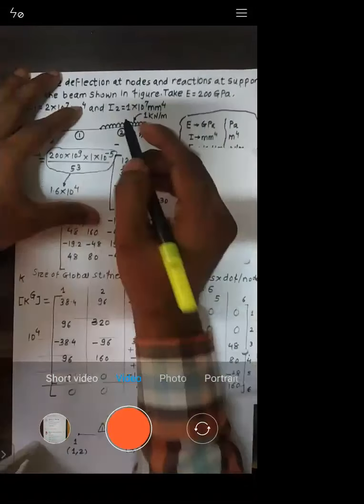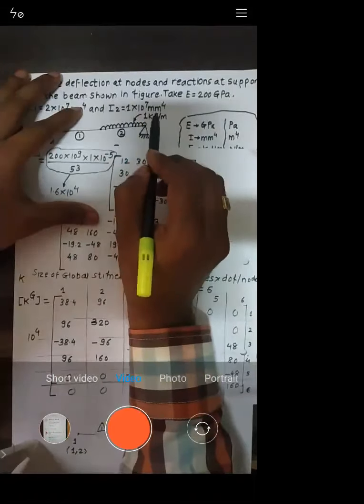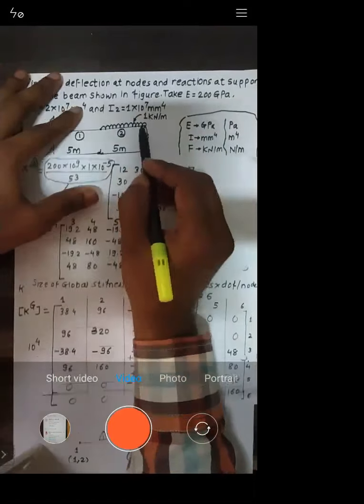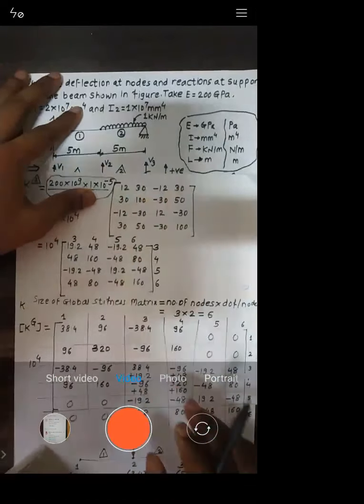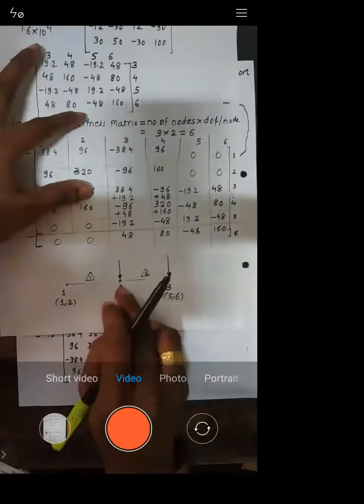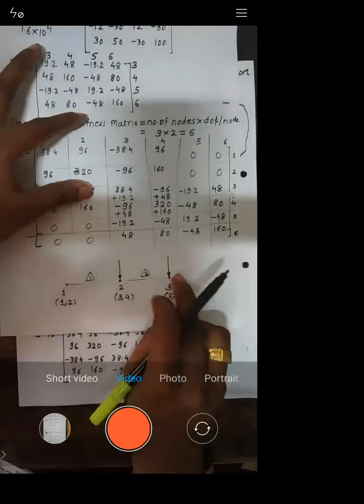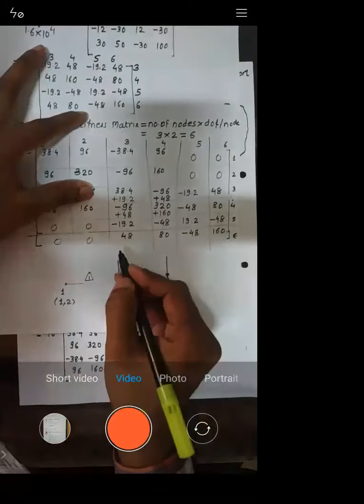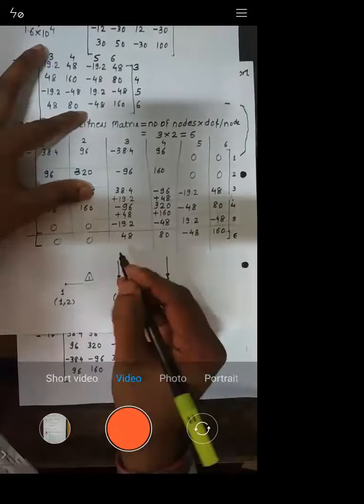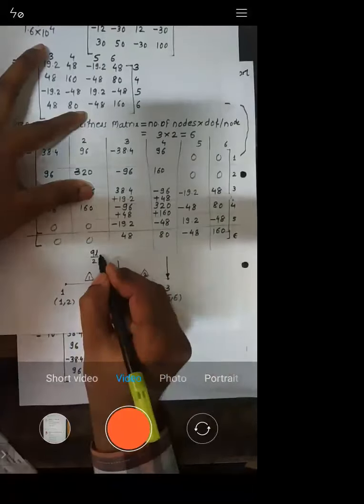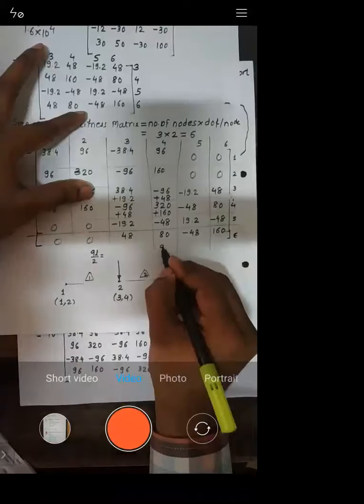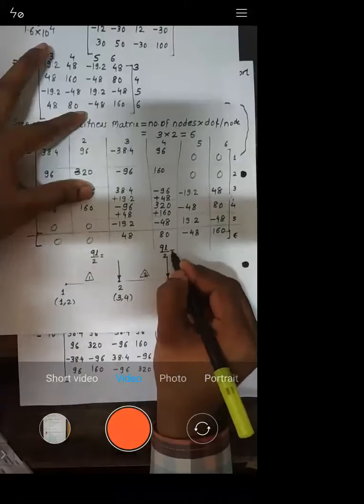What is the intensity of the uniformly distributed load? It is 1000 Newton per meter. When 1000 Newton per meter acts on 5 meter, it becomes 5,000, right? So half will be distributed at node 2 and half at node 3. Here I will get QL by 2, and similarly QL by 2 here.